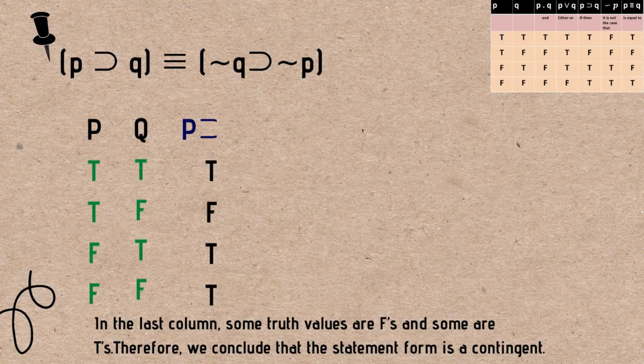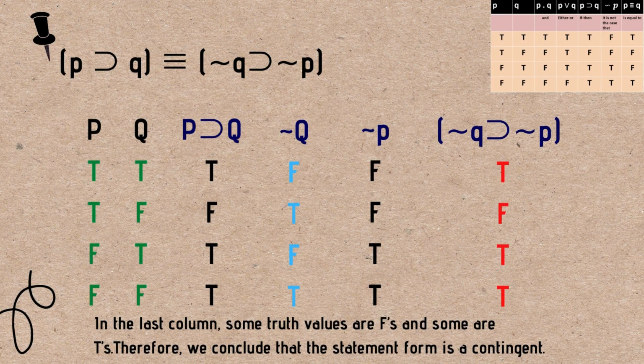So we have the statement P material implication Q, biconditional, negation Q material implication negation P. If we solve this statement, what we get is T F T T. Again, in the last column, we get some truth values as false and some as true. Therefore, we conclude the statement is in the form of contingent.